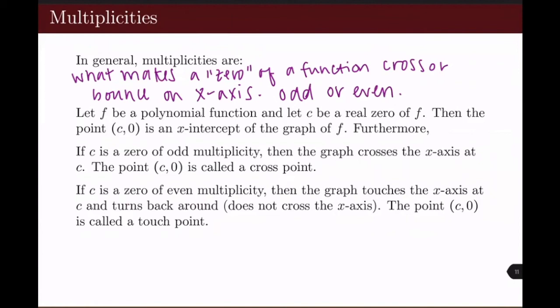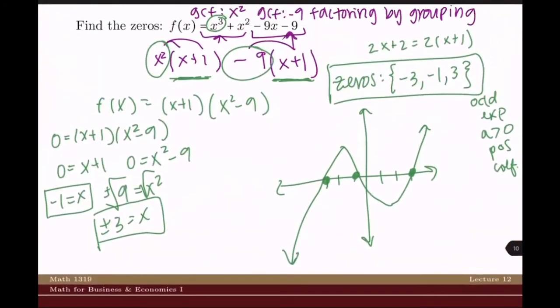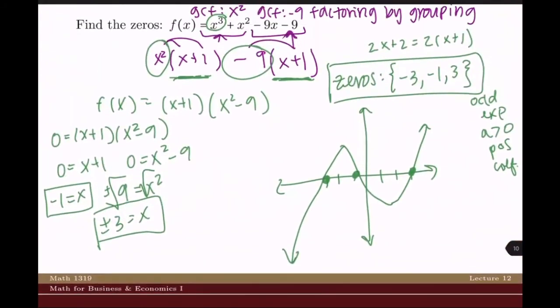So if we have some function f, and we have a real 0 that we call c, then the point c comma 0 is an x-intercept of the graph f. All that's saying is when we do this process that we just did, these points get graphed as x-intercepts, which we just did, so you can see that, right?